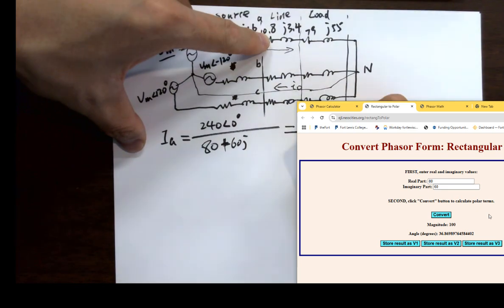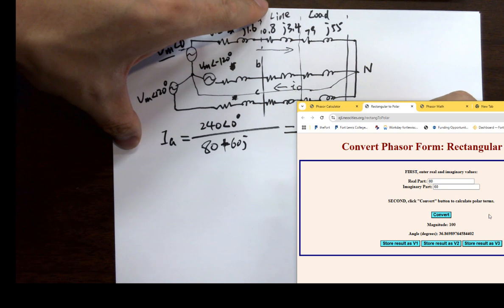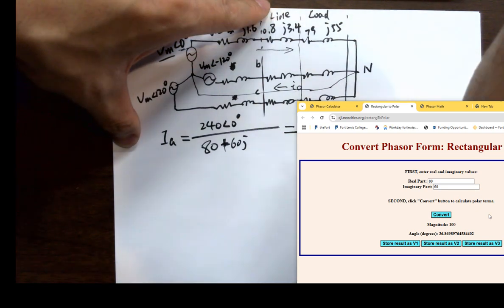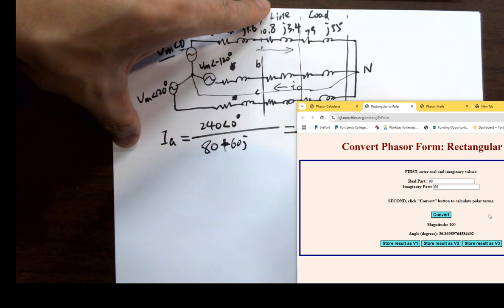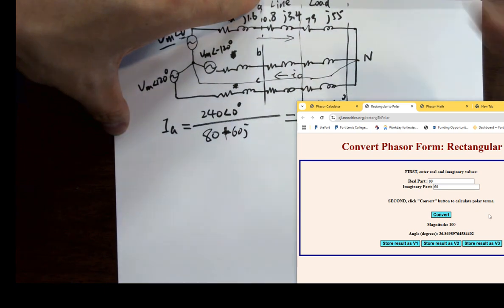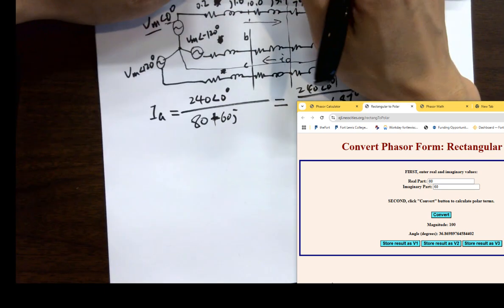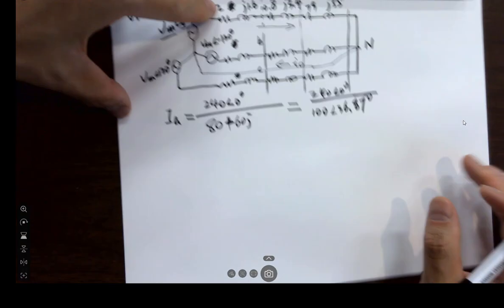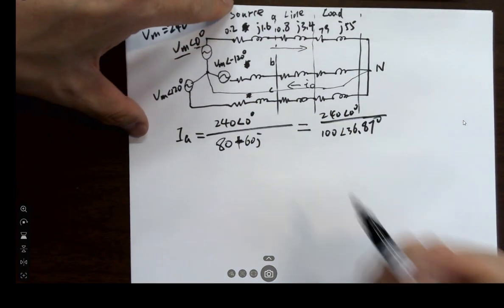It's going to be 240 at 0 degrees over 100 at 36.87 degrees. Okay, that's the first, that's the IA.